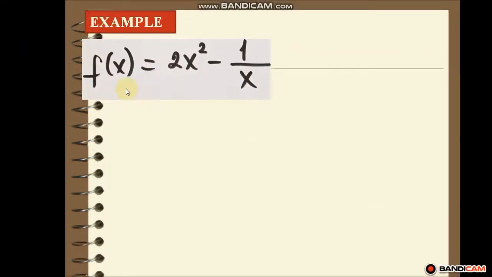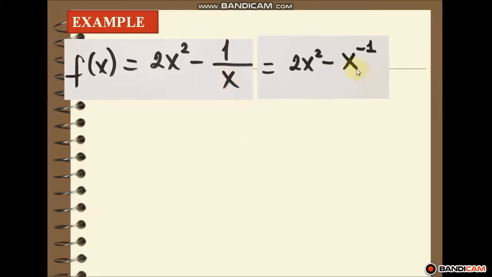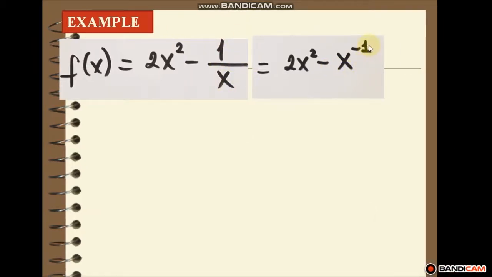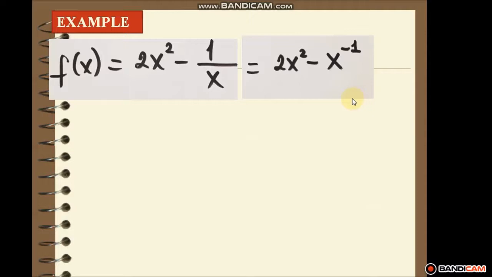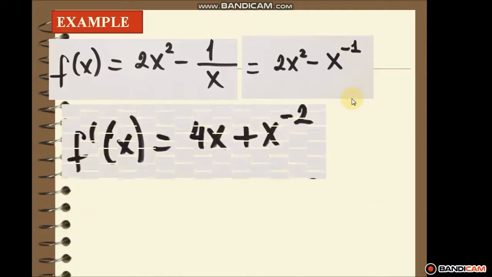Next example, our function is equal to 2x^2 - 1/x. Let's first simplify this one. It will be 2x^2 - 1/x, which means x to the power of minus 1. Then we get the first derivative.